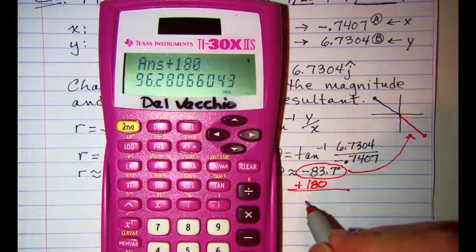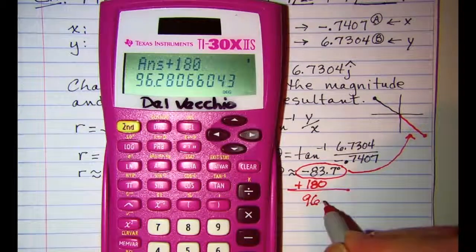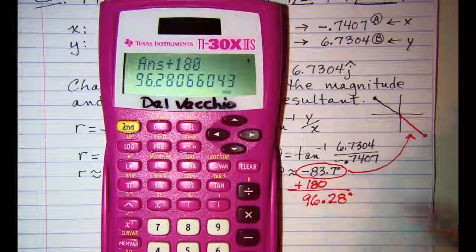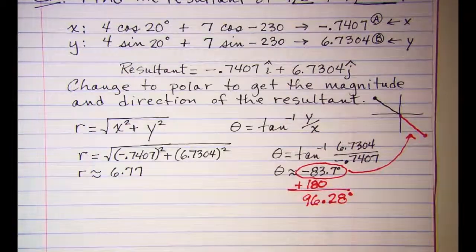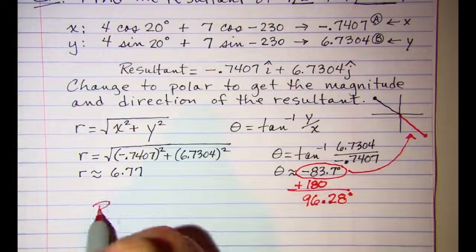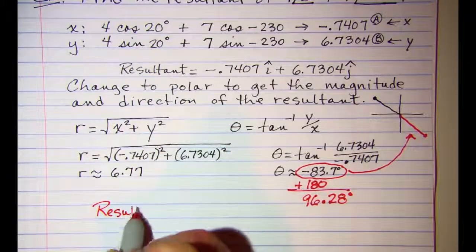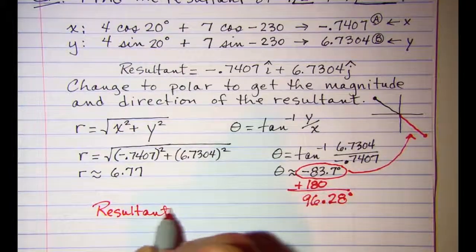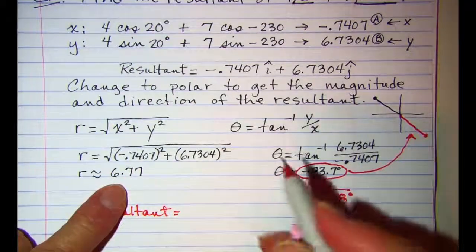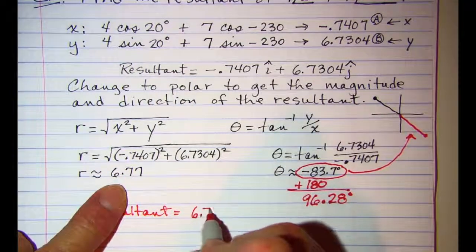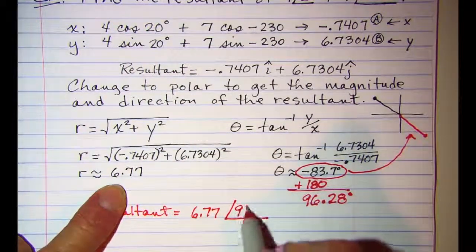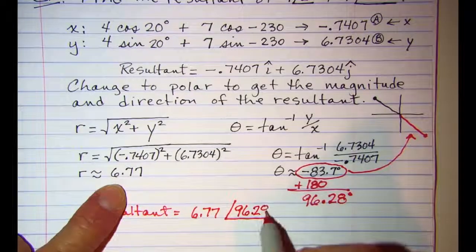So I now have 96.28 degrees. So my resultant vector has a magnitude of 6.77 and a direction of 96.28 degrees.